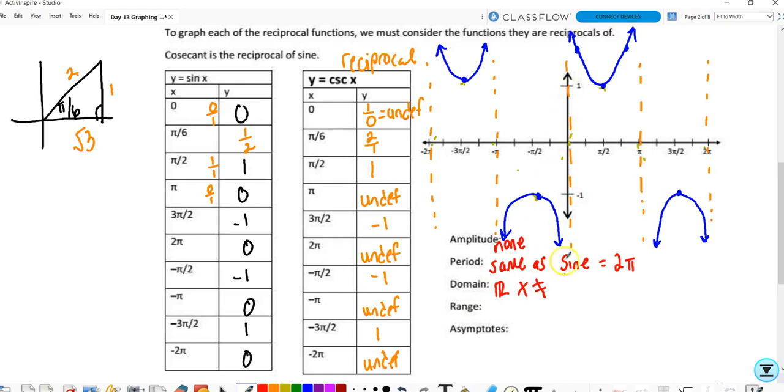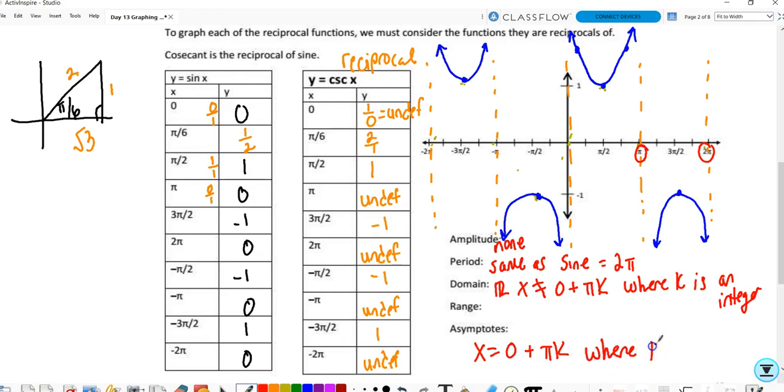So here's the first asymptote at 0. And these asymptotes still repeat every pi unit. So we're going to go plus pi k, where k is an integer. So the asymptotes are x equals 0 plus pi k, where k is an integer.